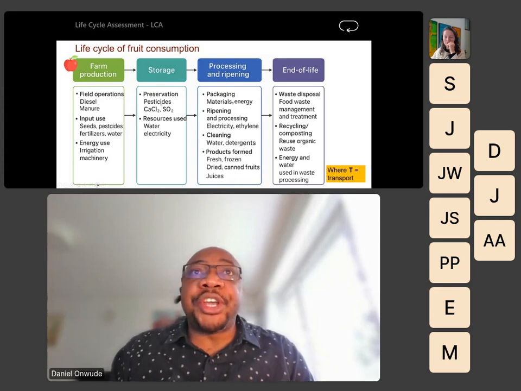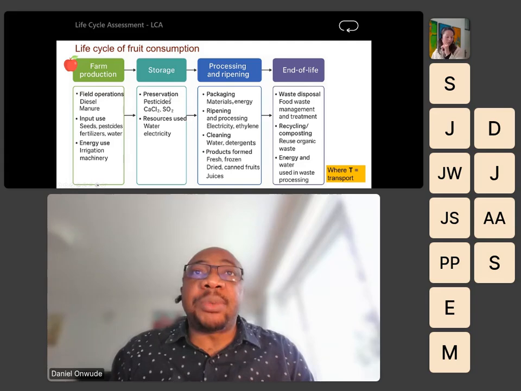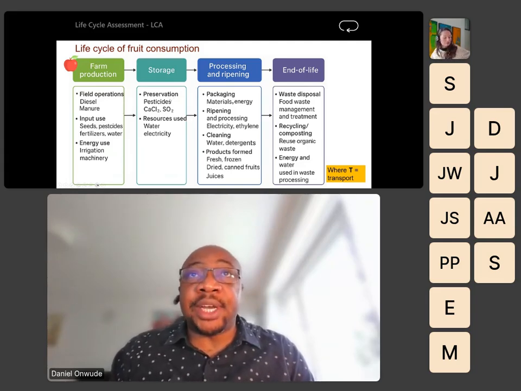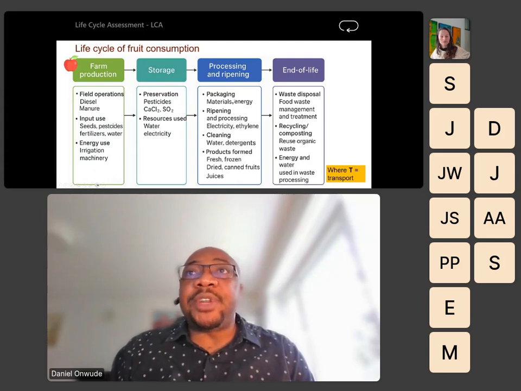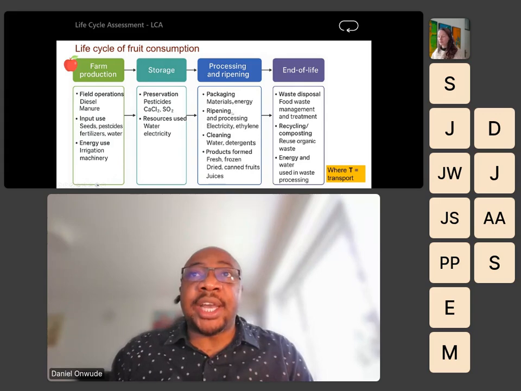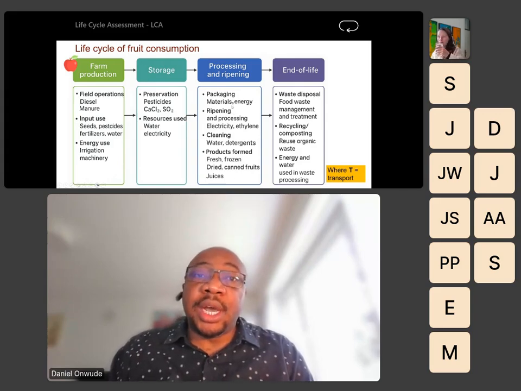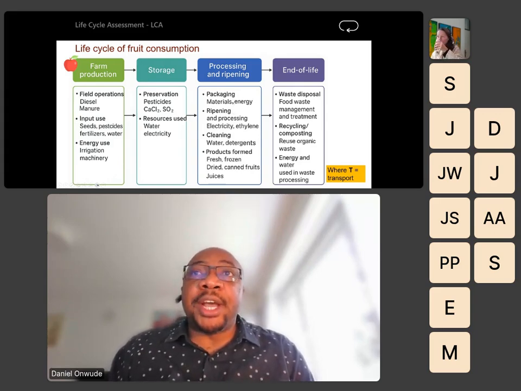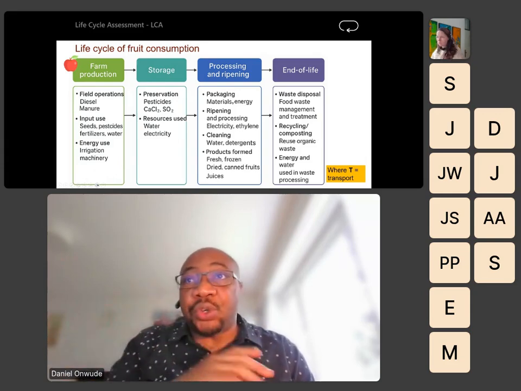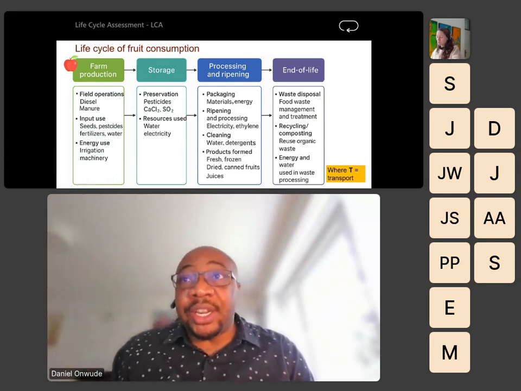And then we go to storage. We also have resource use like water and electricity. And then in some cases, the stakeholders also use preservatives during storage. And then we have the packaging aspect, right? This also involves materials, and energy that is used to produce these materials. And then we have the ripening process, which also consumes a lot of electricity.